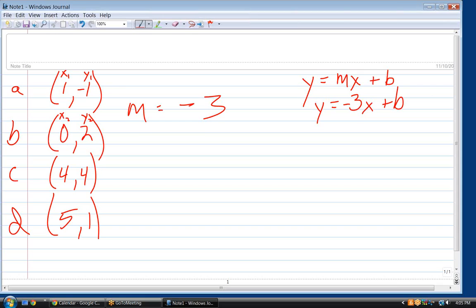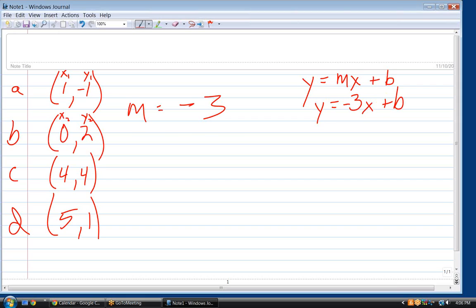What do you mean? We have to take one of these points and plug it in for the x and y value here. Oh, yeah. And it doesn't matter which point. Both of those points are on that line. Okay? So pick one of these points and let's plug it in for y and x.